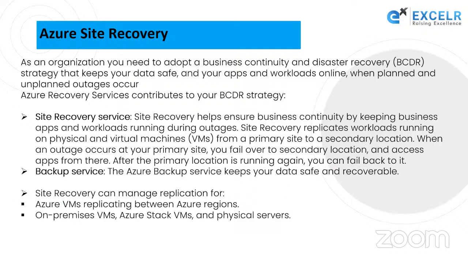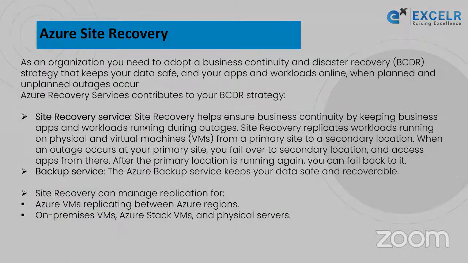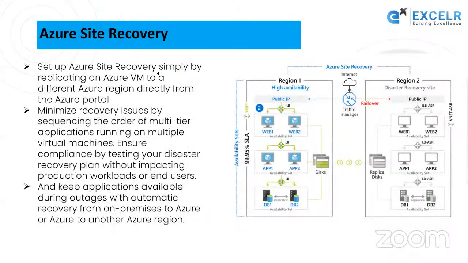Your Azure Recovery Vault can manage replication for your VMs between regions. It can also do it for your on-premise, for Azure Stack, and for your physical servers. Simply, what you have to do is set up a recovery vault by replicating an Azure VM to a different region using the portal.